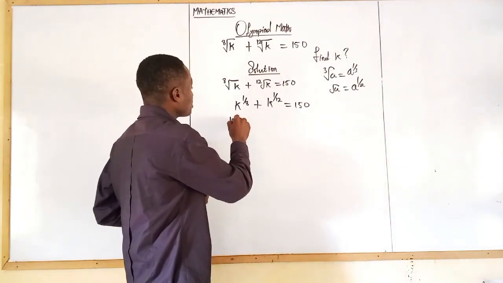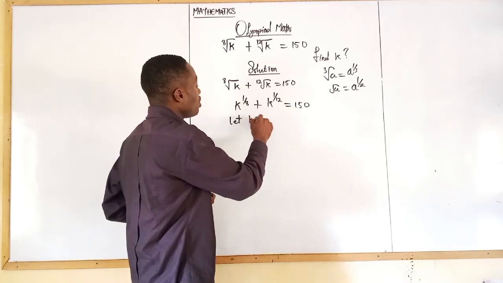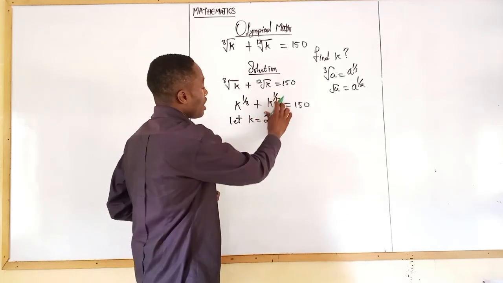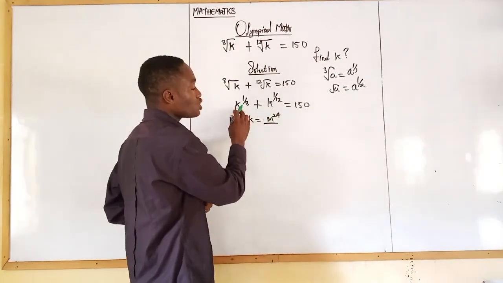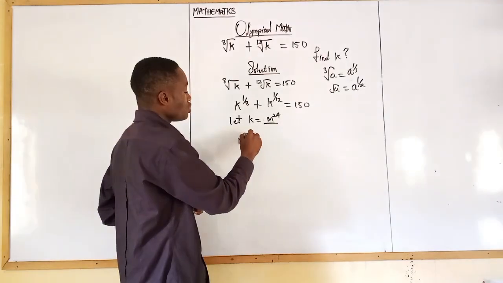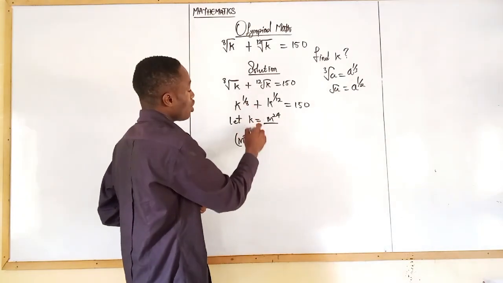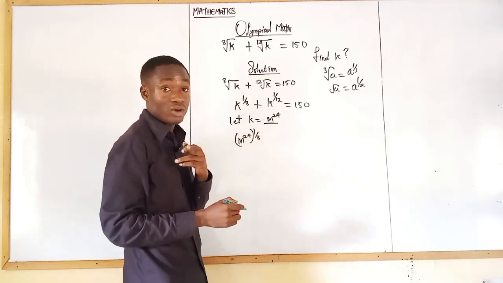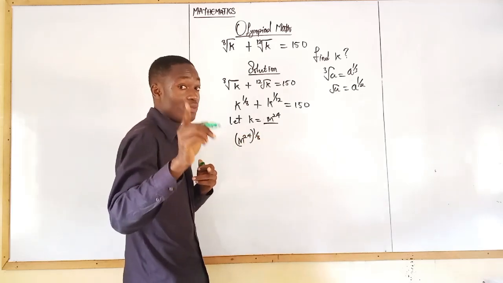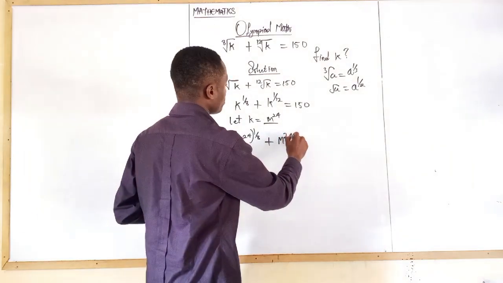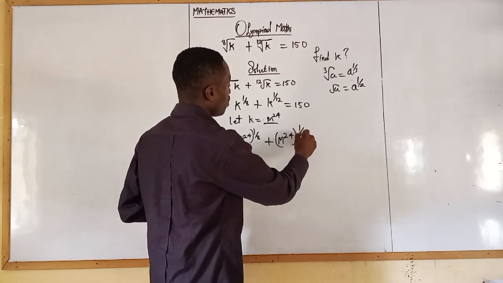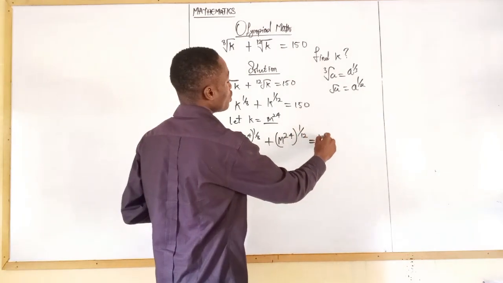Now I just say let k equal m to the power of 24. So substituting this in place of k, I will have m to the 24, bracket 1 over 8, plus m to the 24, 1 over 12, equals 150.